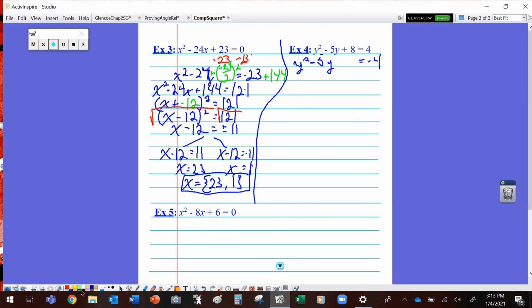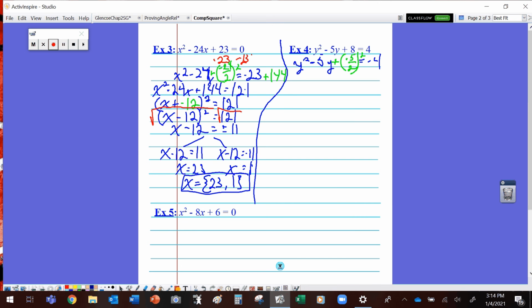Okay, now I want to add something to both sides. I want to add b, which is negative 5, divided by 2 squared to both sides. Okay, now negative 5 does not evenly divide by 2. That's okay. We still use exactly the same process.